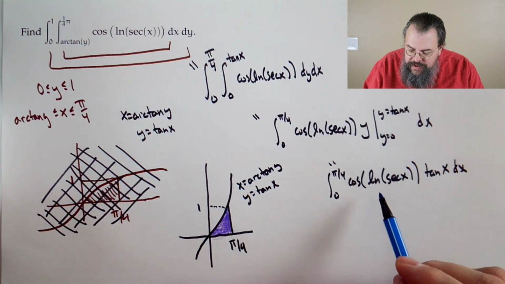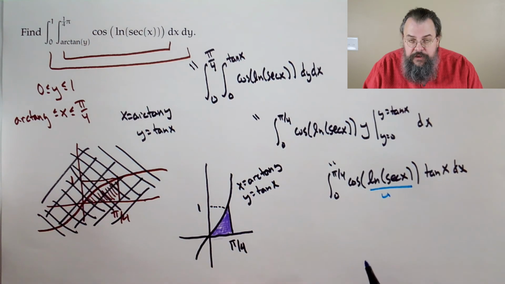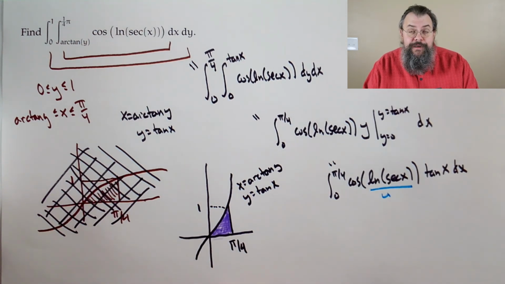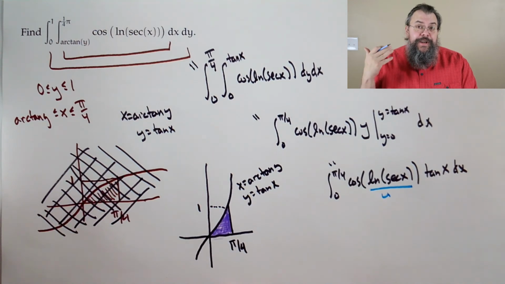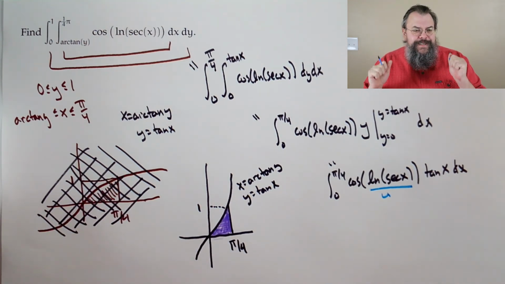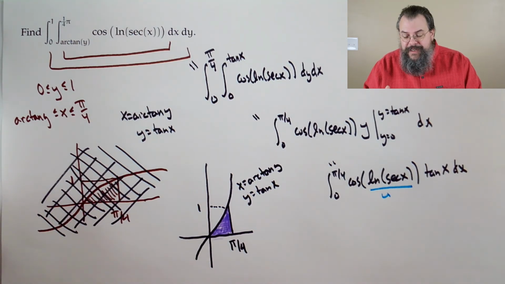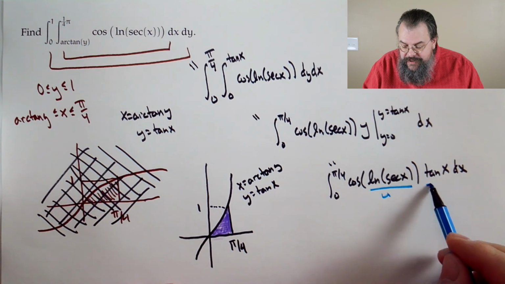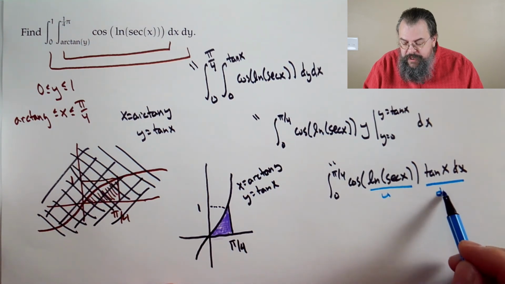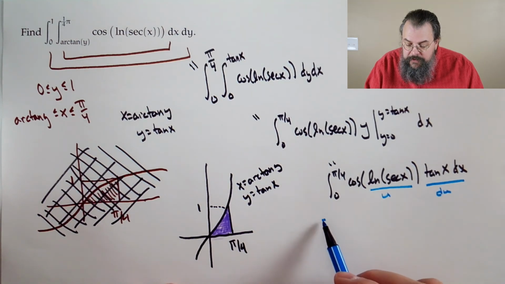So notice if I start with saying log secant x as u, what's the derivative of log secant? Do you remember? It should sound familiar. The derivative of log secant is tangent. So that would become du. So what do we have?